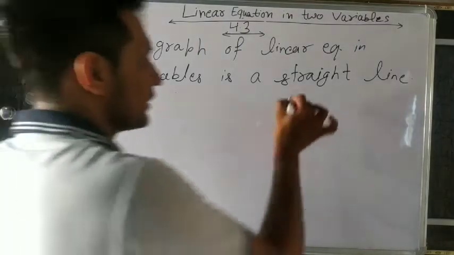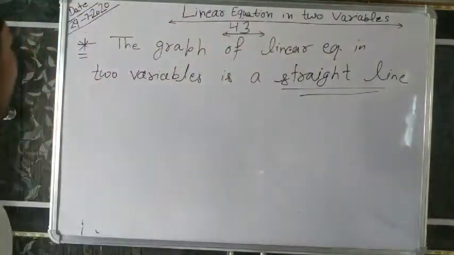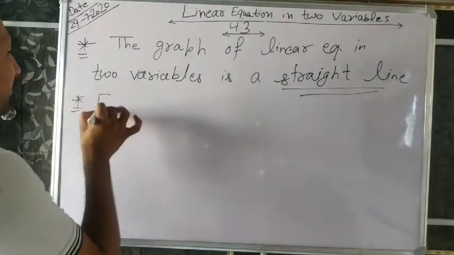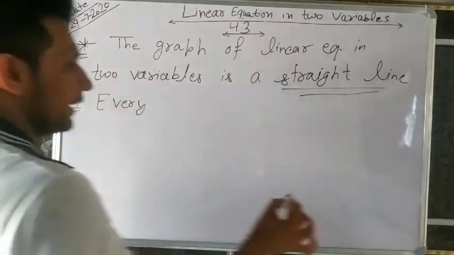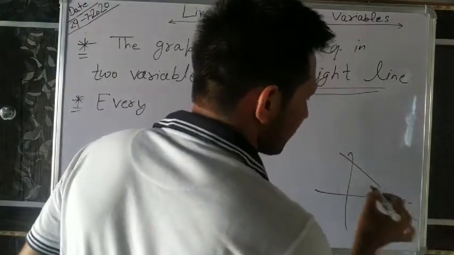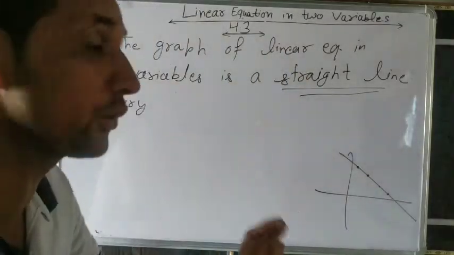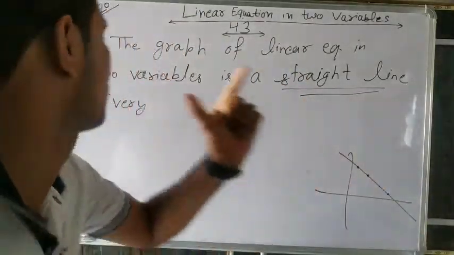What is a straight line? Second, every point on the graph is a solution of the linear equation.